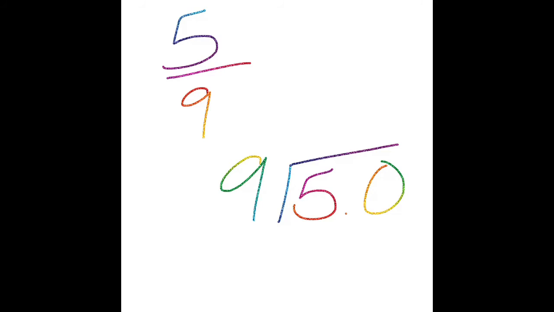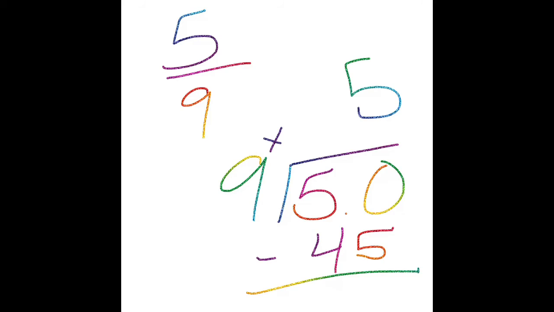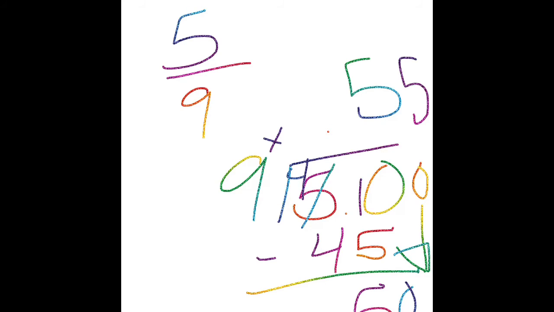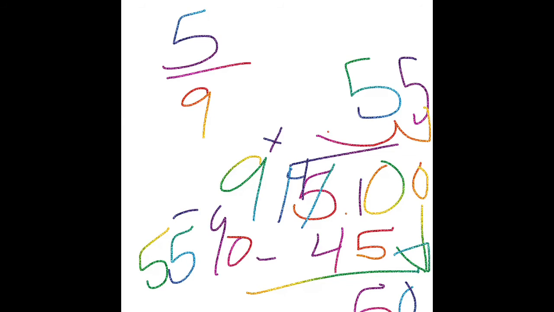Right, how many times does 9 go into 50 evenly? 5 times, because 9 times 5 is 45. It's 5, and this is where we start getting repeating, right? Because if I put on the 0 here, I'm just going to get 5 again, and so on. 1, 2, so it's going to be basically 55% repeating.